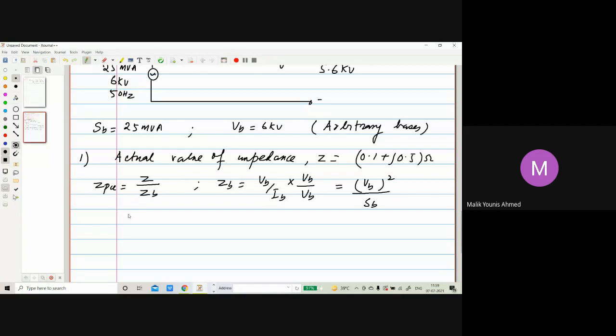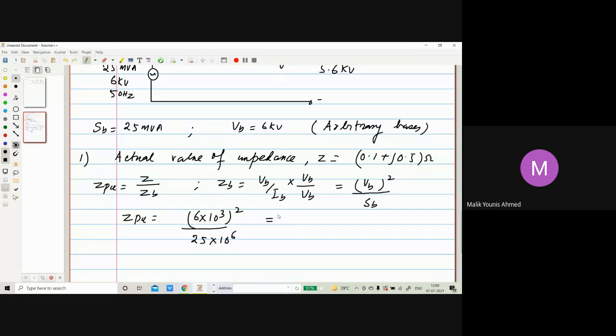So now my objective is to get the Z base, because Z base is common for reactance as well as for resistance. The base will be Z base itself only. So Z base will be given by V base whole square, where V base is 6 kilovolts, 10 to the power of 3, whole square, divided by S base, which is 25 megavolt amperes, 10 to the power of 6.